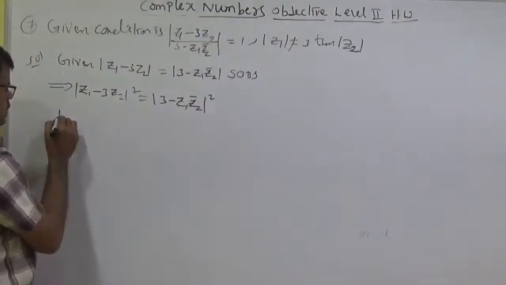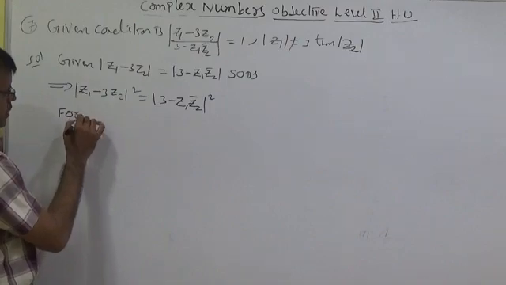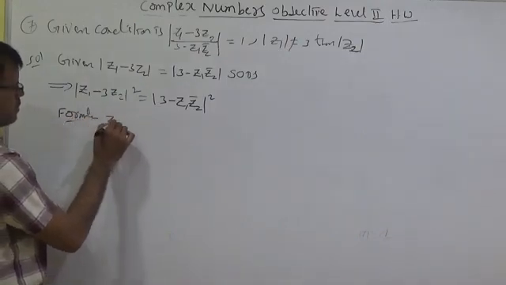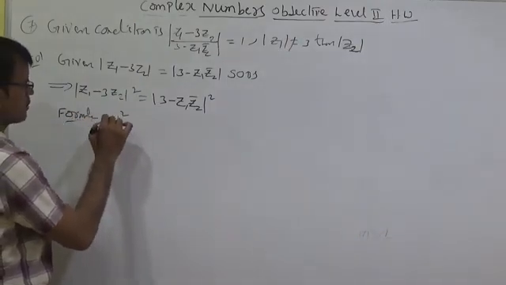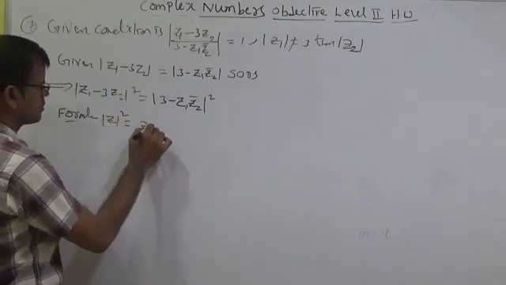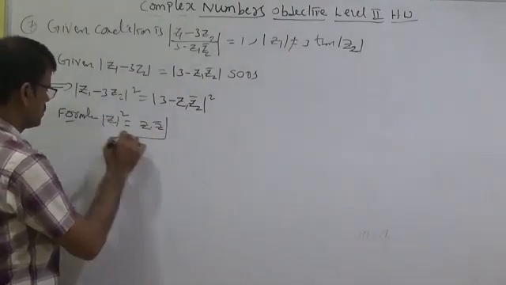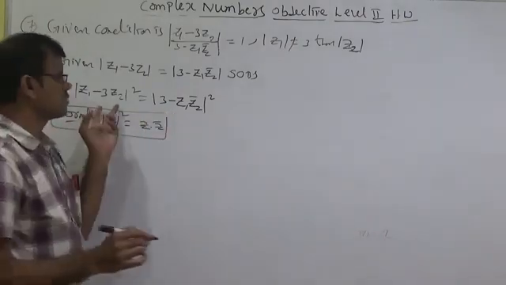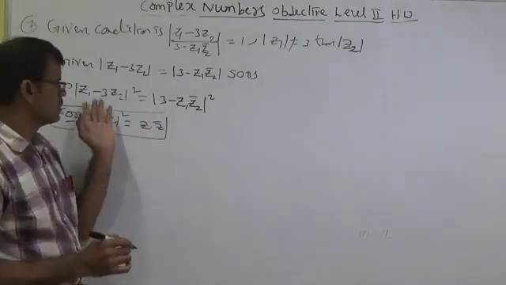Now let us remember the formula: modulus of Z whole square is equal to Z Z bar. That means this whole square equals this into this bar.